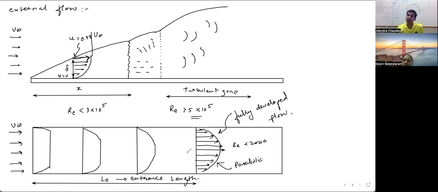In case of laminar, the velocity profile is parabolic, whereas if you are studying a turbulent flow, this velocity profile will have a logarithmic nature. It will look something like this.